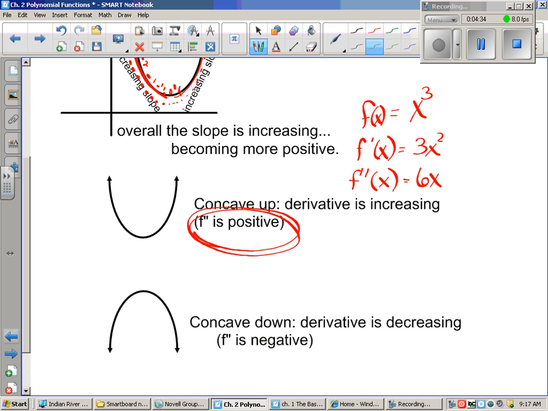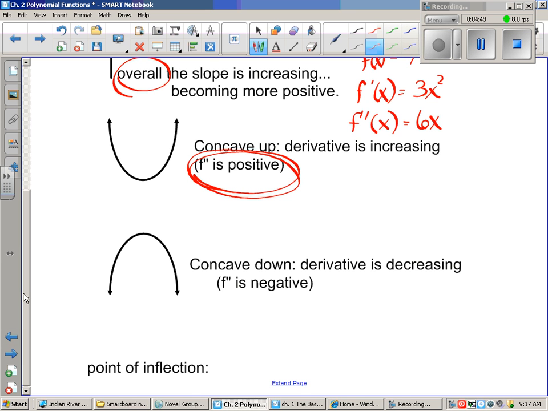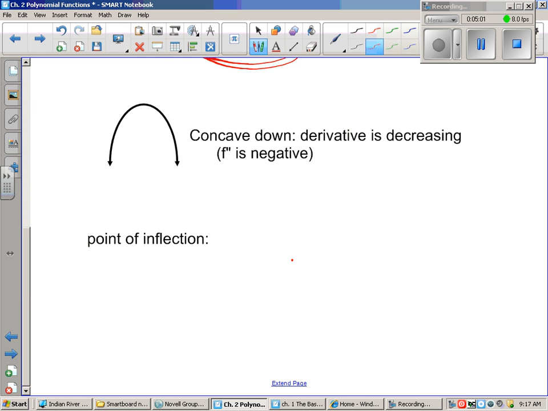But if the slope is constantly overall increasing, we can see it's concave up. If the second derivative is negative, then it must be concave down. In other words, overall, the slopes are decreasing or becoming more negative. In that case, we can see that it must be concave down. The point of inflection is that point that I was describing to you, and I won't scare you again.